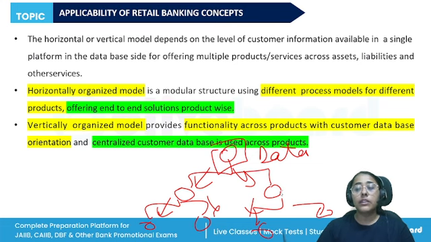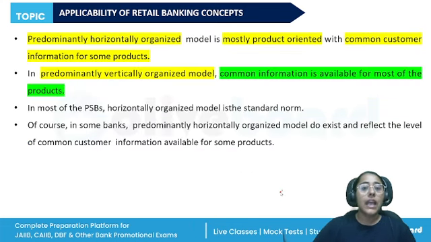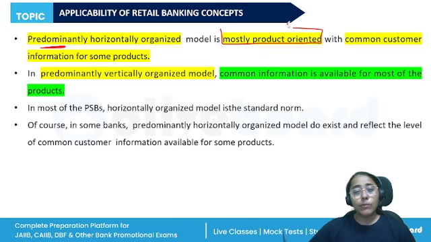Then we come to the models in between. Predominantly horizontal means it is mostly product oriented. For most of the products, separate process model is there with some common information. For some products, common information will be used.